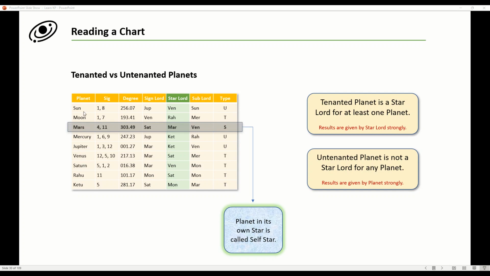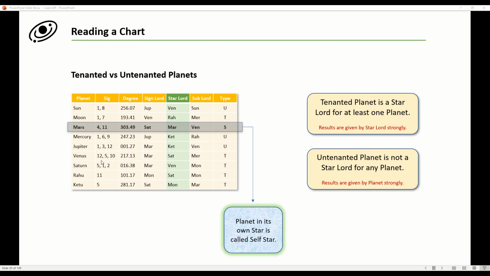As you can see here in this table, every planet has a sign lord, star lord and sublord assigned to it. I have also shown one more column here called the type, so it shows U, T and S, that is untenanted, tenanted and a self star. So let's try and understand first how this is arrived at.